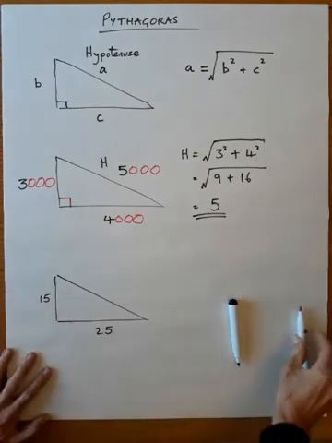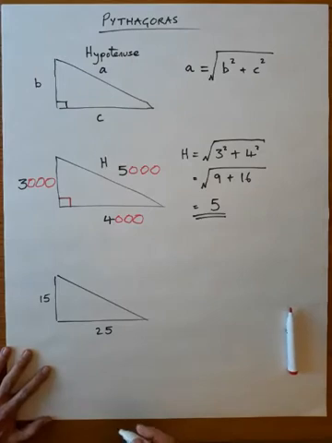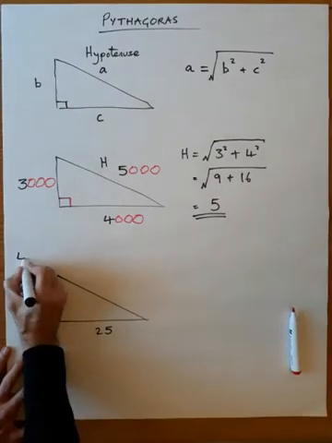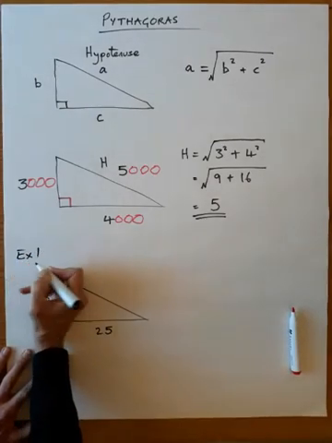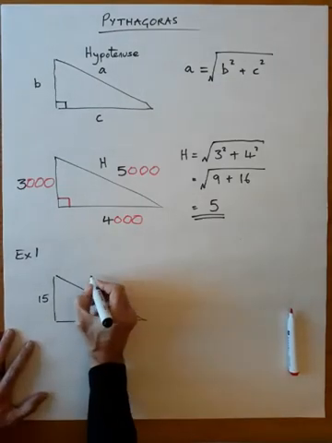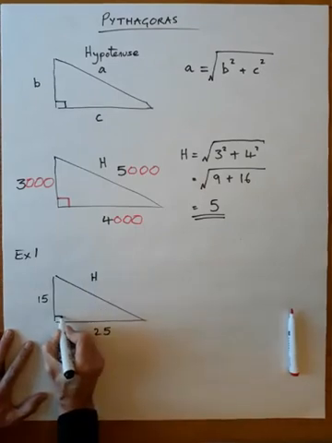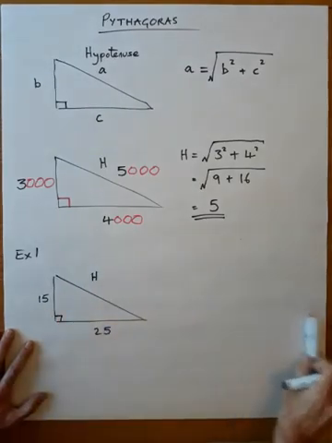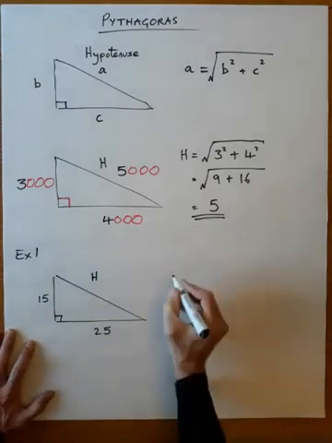So let's move on and look at the examples which appear on your handout. So example 1, in the triangle shown below, if B is 15 meters and C is 25 meters, how long is the hypotenuse? Well, here is the hypotenuse, 15 and 25. So write down the formula.